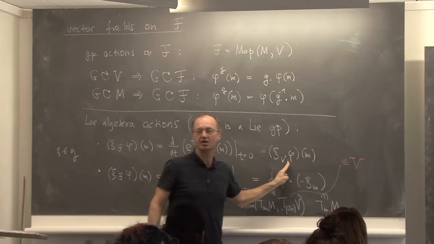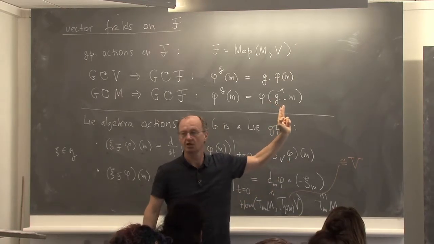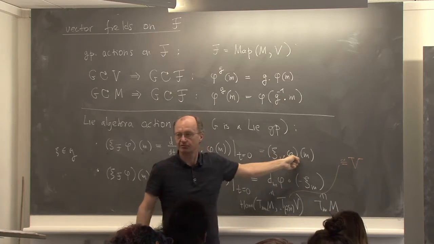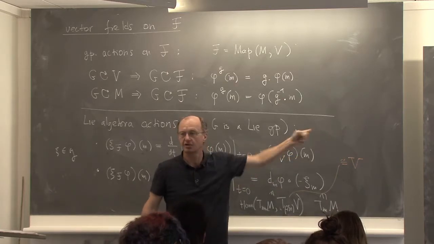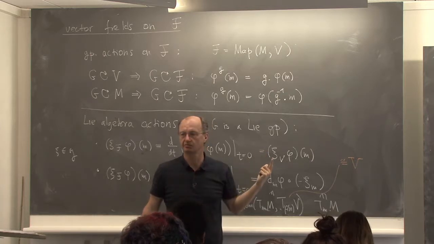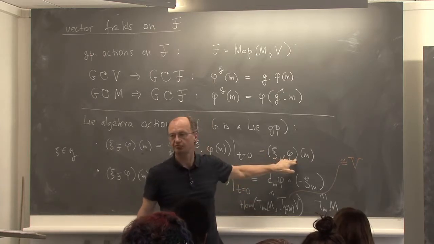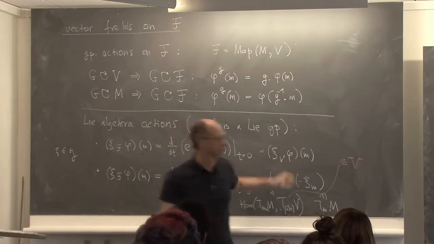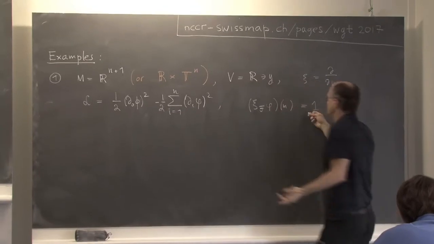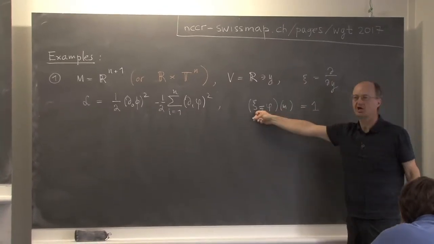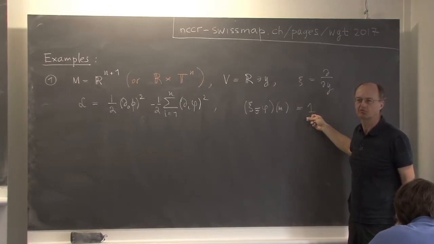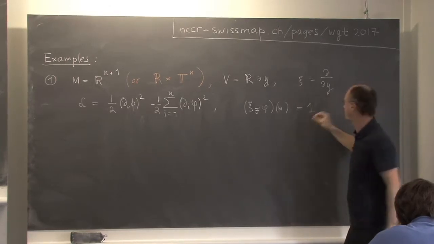So this phi is simply a coordinate, right, on this real axis. So you take a derivative, the first derivative of your coordinate. So it's d over dy of y. So this is simply equal to the function 1, which depends on M, but which doesn't depend on M, right? So psi f phi of M is simply equal to 1, viewed as a constant function on M.